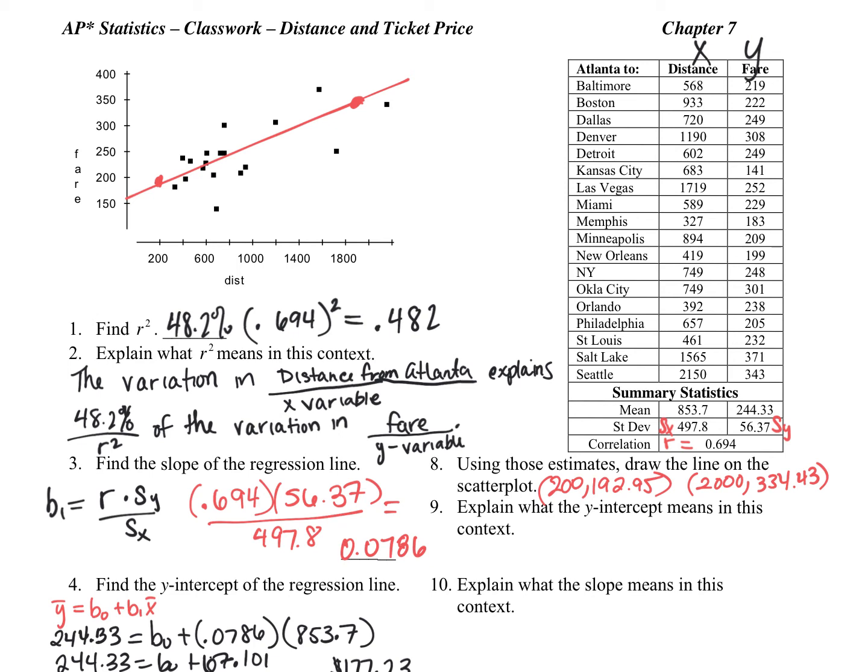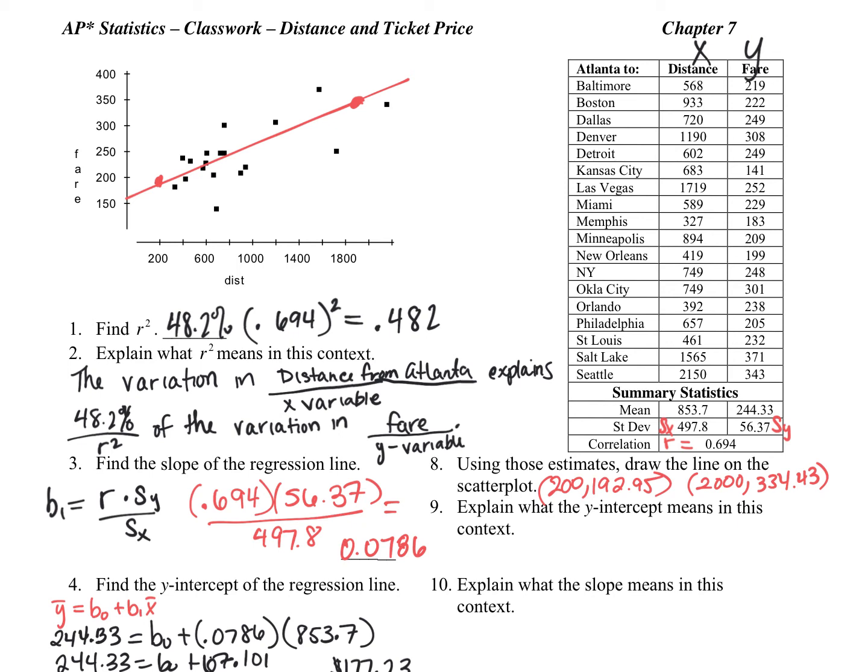So we change it to "our model predicts," and now it understands that we are predicting something. We know it's not going to be exactly that. So our model predicts if the distance from Atlanta is 0, we expect the fare to be approximately $177.23.